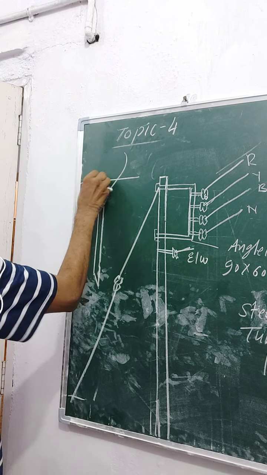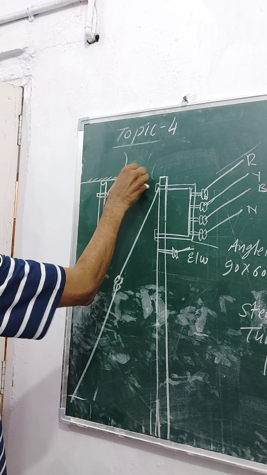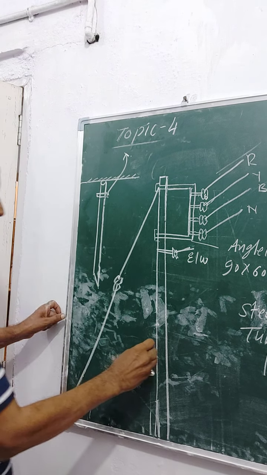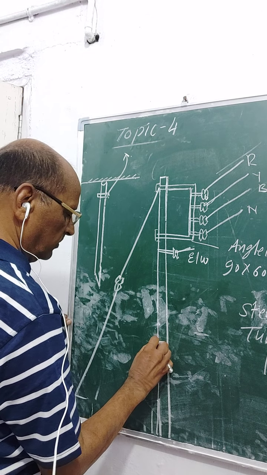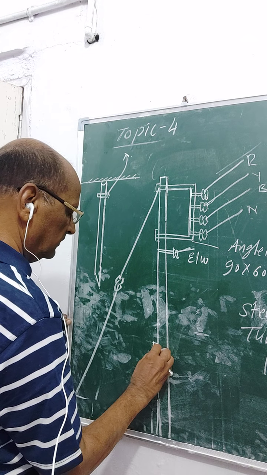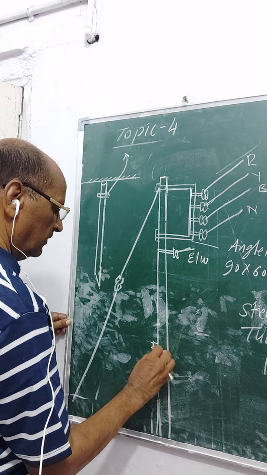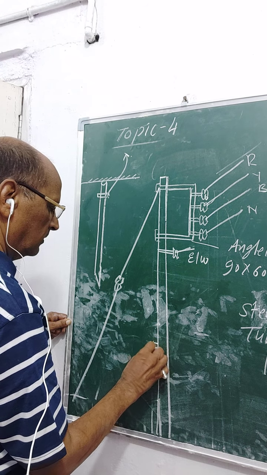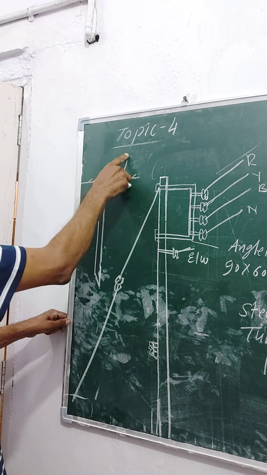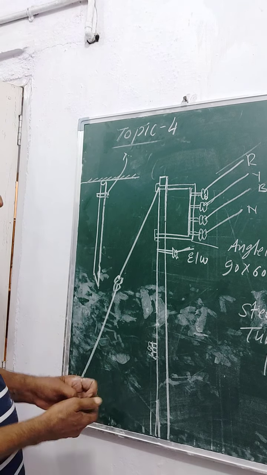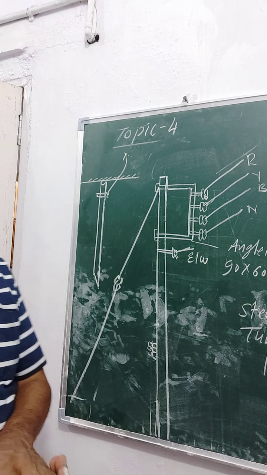Okay, this whole pipe will go underground and this will go to the bolt. This bolt I told you about is the earthing bolt, on which this wire will come and connect, and earthing is done. So earthing has to be done on alternate poles.